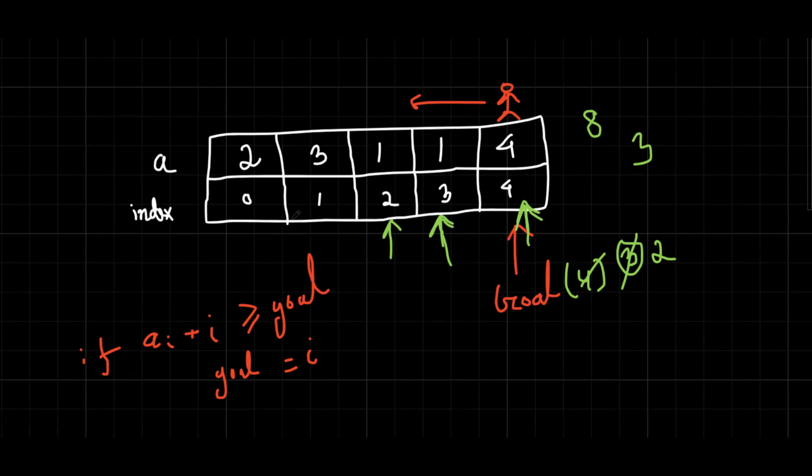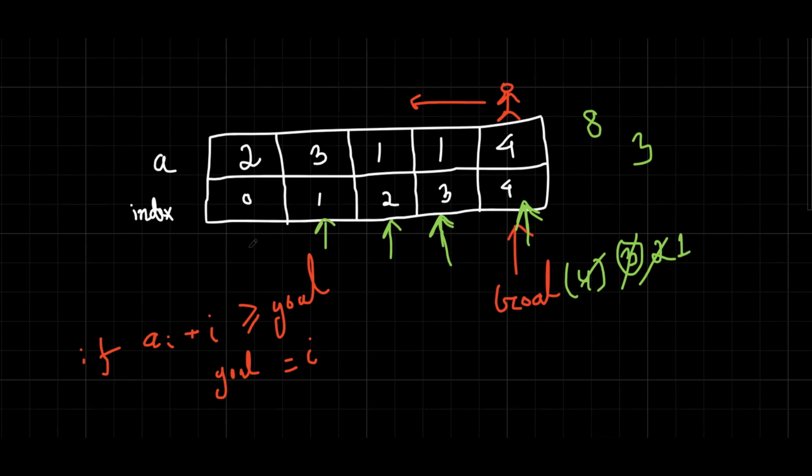Now, currently we are at these positions. Now the summation is 3 plus 1, which is 4, which is obviously greater than or equal to 2, the current goal. That means in this case, we have to update our value from 2 to 1 for the goal. That means if we start jumping from these positions, we can reach the final positions.